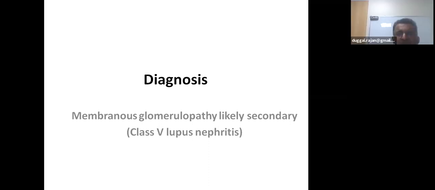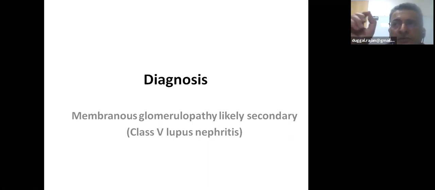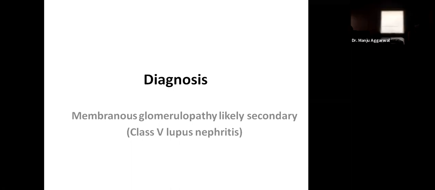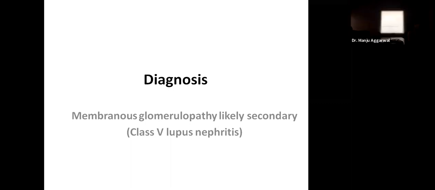Anyways, ma'am, I have a feeling that when I see these class 5 lupus cases, the majority of them, as I've told you, 60% will not show a full house IF pattern. The other thing is, the majority of these patients will have normal complement levels also. Anti-dsDNA is mostly negative. ANA, I'm not sure, ma'am. ANA is non-specific.